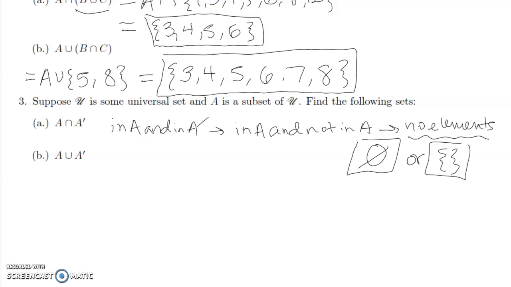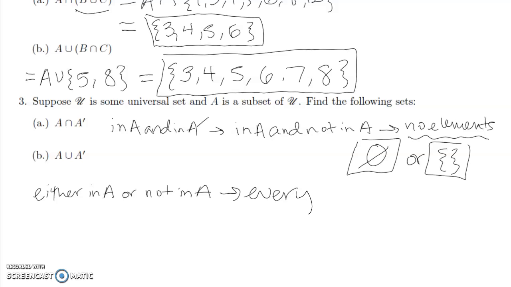Okay, let's look at this second part. Well, the second part instead wants a union. So that was the collection of you could be in either of them. So this would say that you're either in A or in A complement, which means not in A. Well, now if we think about that, if you can be combining together the things that are in A or not in A, well, then that would be everything.